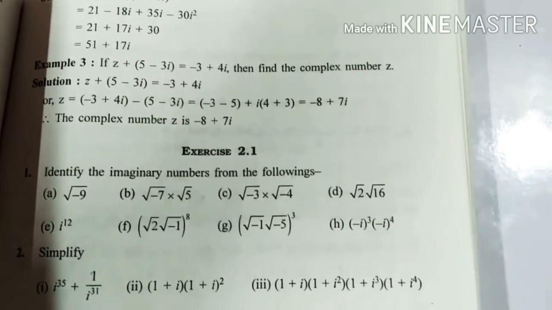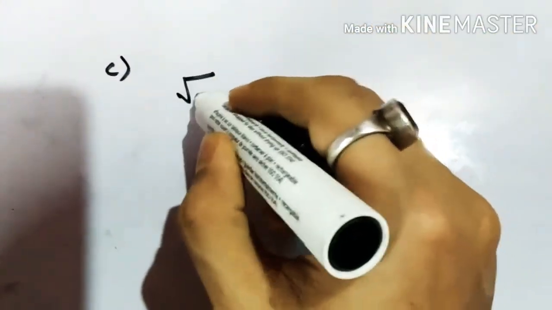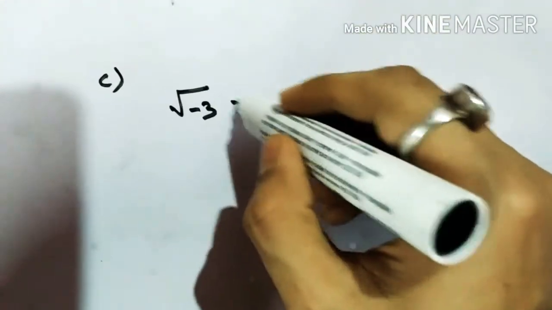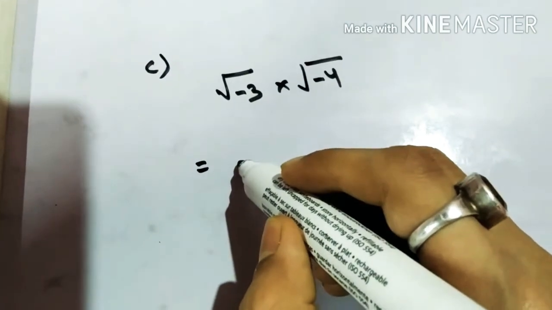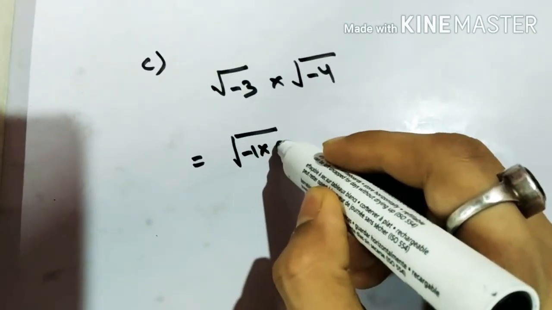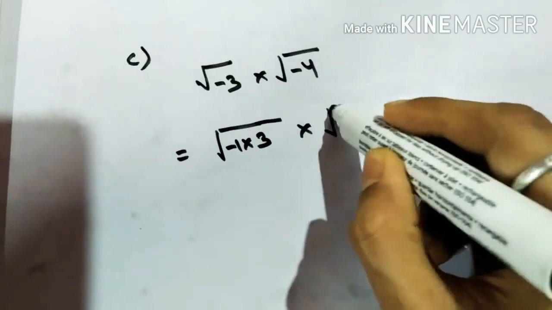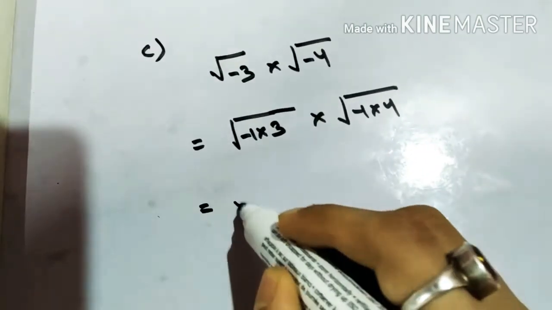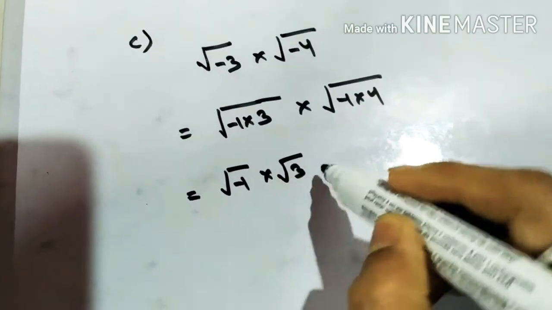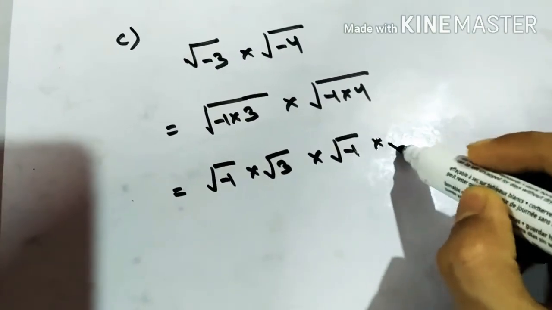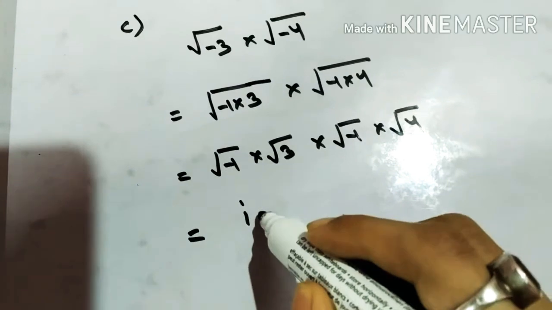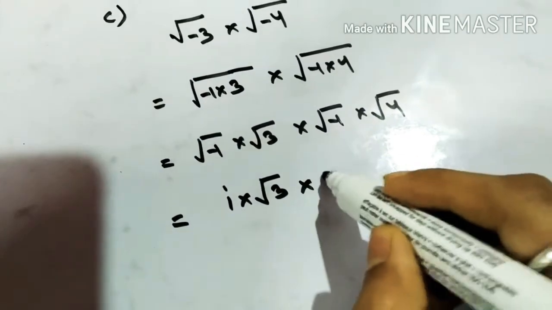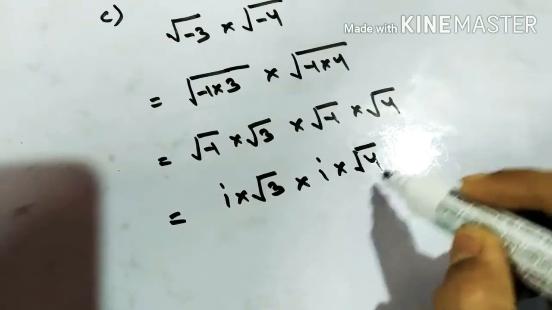Next it is root over minus 3 into root over minus 4. This I can write as root over minus 1 into root over 3, into root over minus 1 into root over 4. So this becomes i into root over 3, this i into root over 4.